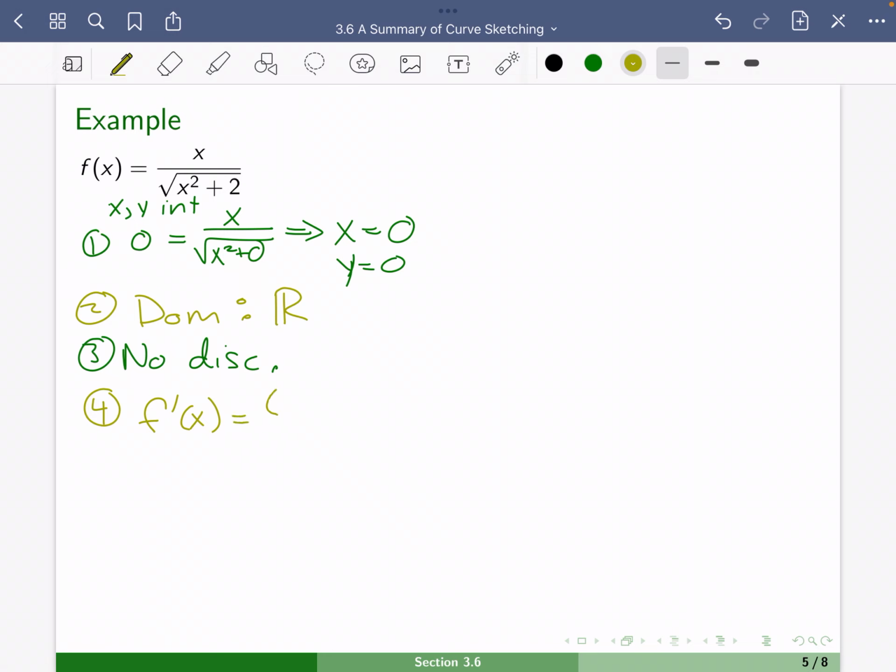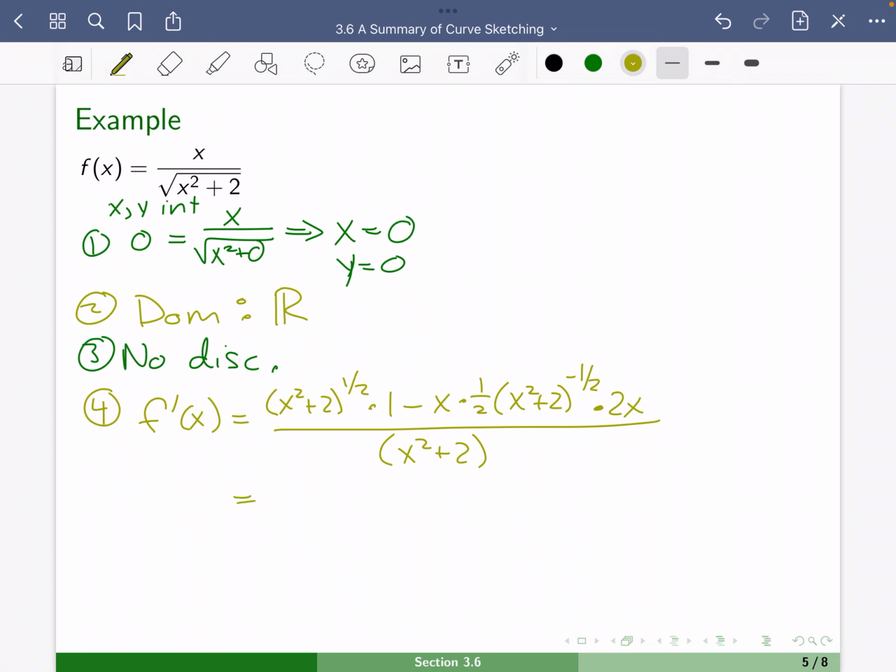So we have low, x squared plus 2 to the 1/2, d high, minus high, d low, over the square of the bottom, x squared plus 2 to the negative 1/2. Square the bottom, and away we go. So that square root being squared got rid of that. Here, I'm going to multiply the top and bottom by x squared plus 2 to the 1/2.